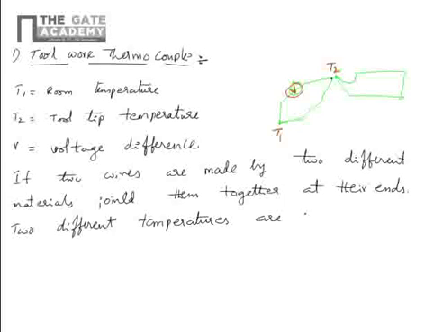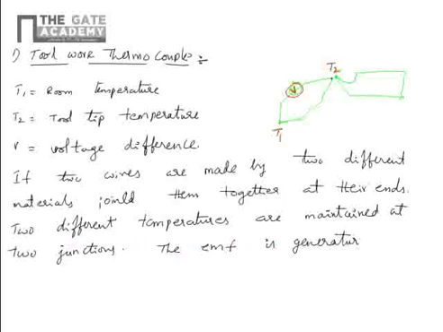Because of the difference in temperature, the EMF, which is the potential difference or electromotive force, is generated in the circuit, flowing through it, due to the temperature difference between the two junctions.